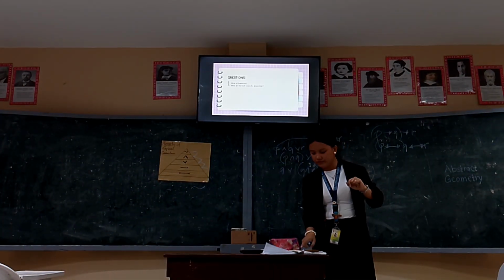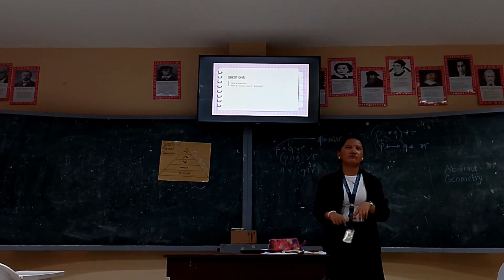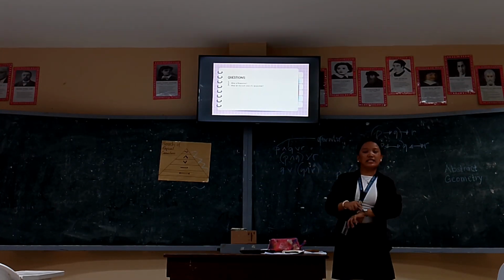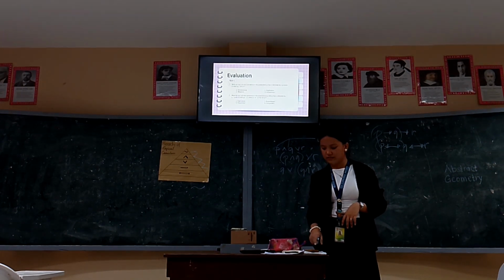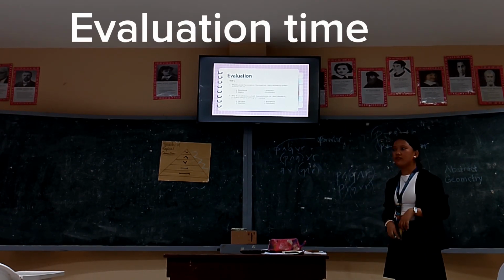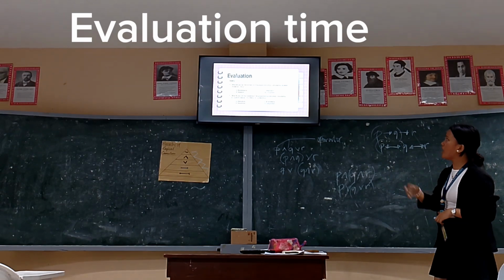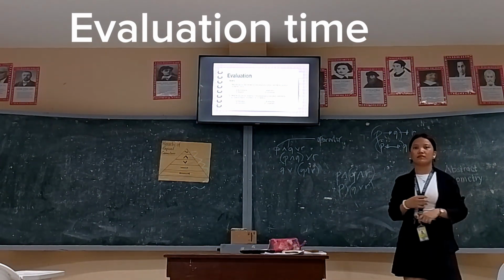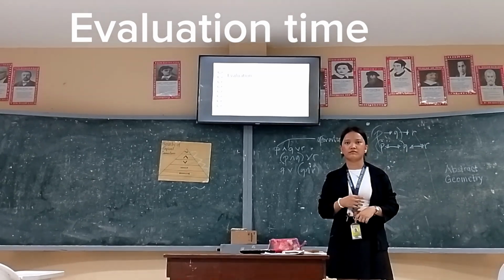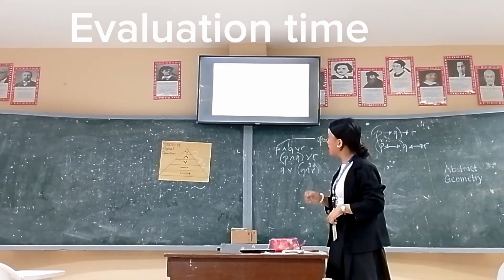Okay, time's up. Kindly get one half crosswise and answer the following questions. Okay. Number 1. What do you call the negation of the proposition P that is denoted by not P, which is read as not P? Okay, can we answer the following questions?